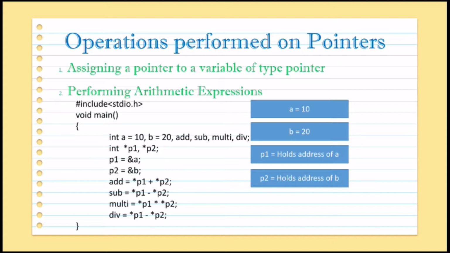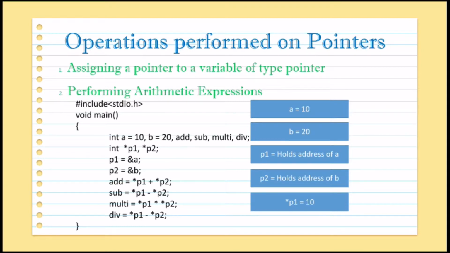So here, instead of p1, we have used *p1. So p1 gives the address, whereas *p1 gives the value stored on that address. So on that address, the value which is stored is 10.